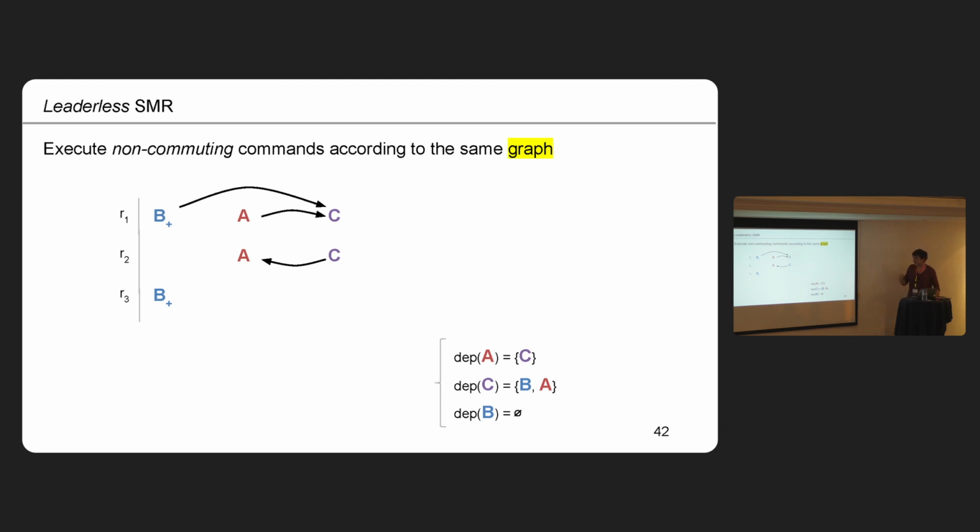So the idea is that, for instance, we have chunks of the graph, and replicas are gathering those chunks, and locally the graph is growing.